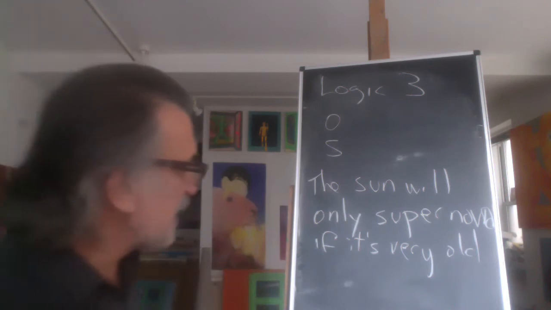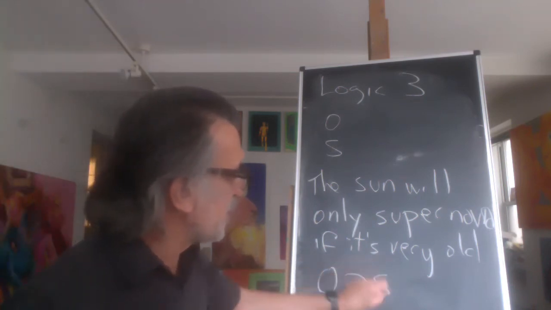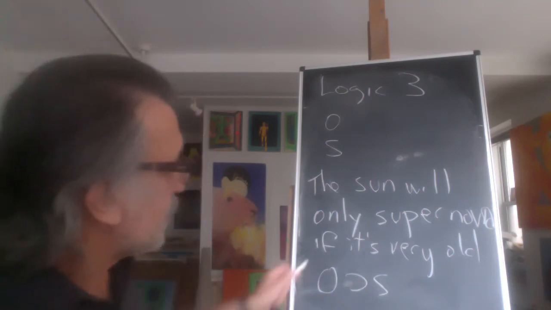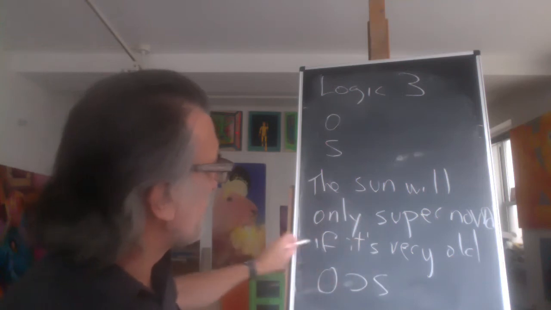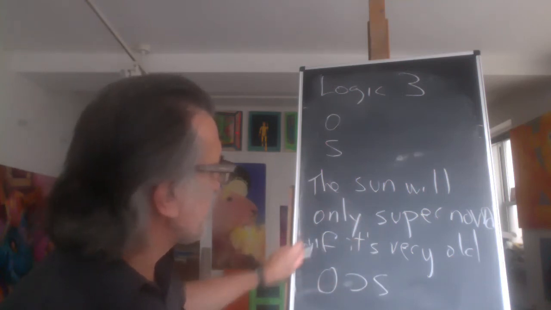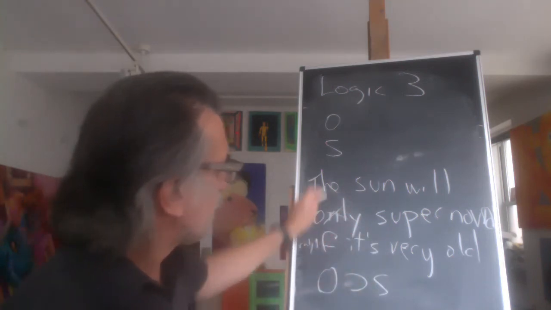So this is not saying if the sun is very old, then it will supernova. Okay. It's saying the sun will supernova only if it's very old.